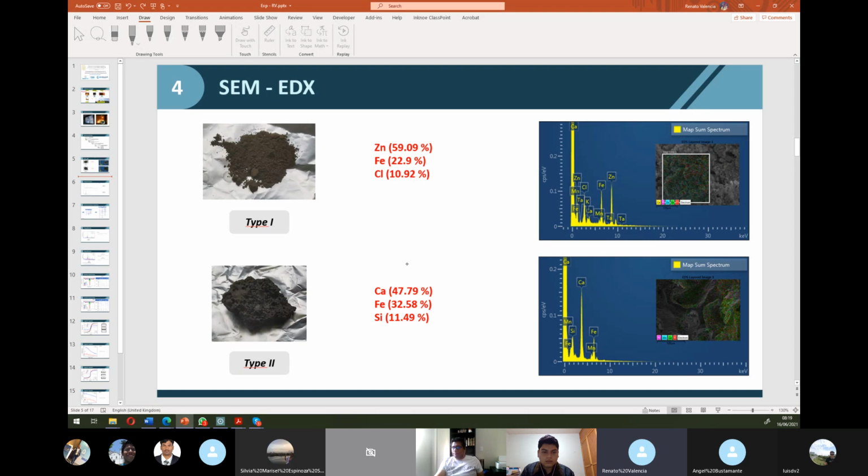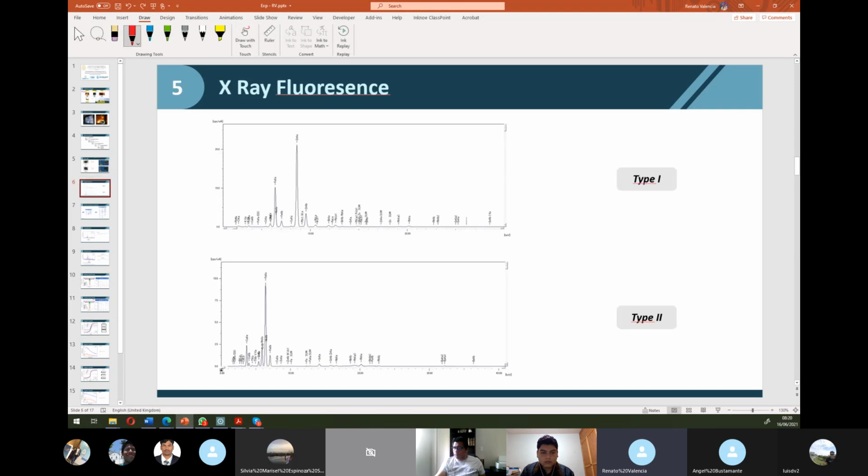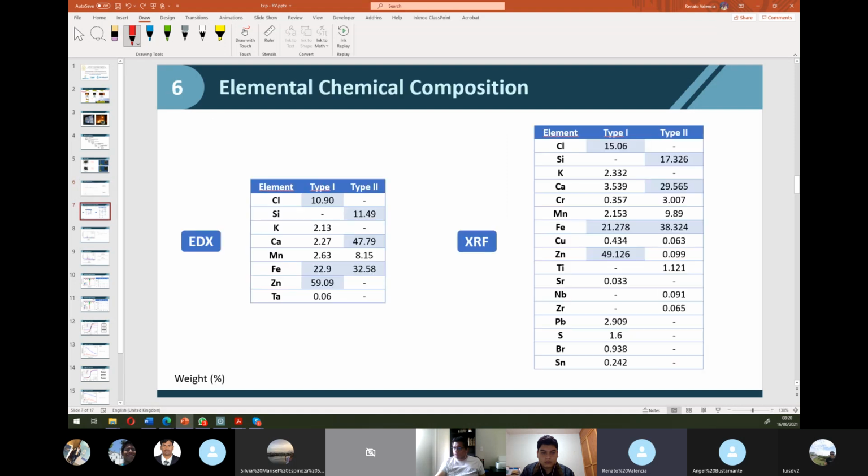For type 2, we have calcium at 47%, iron at 13.2%, and silicon at 11%. And then we also have X-ray fluorescence of type 1 and type 2. In the next slide, I have a comparison between EDX and X-ray fluorescence.